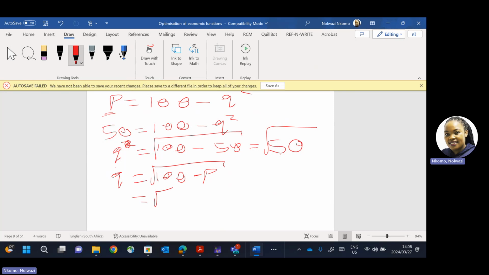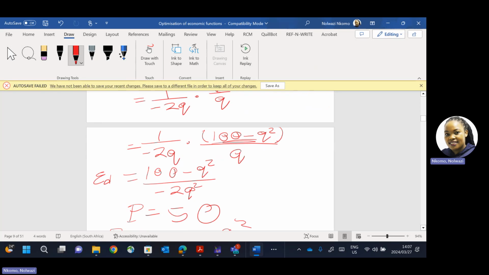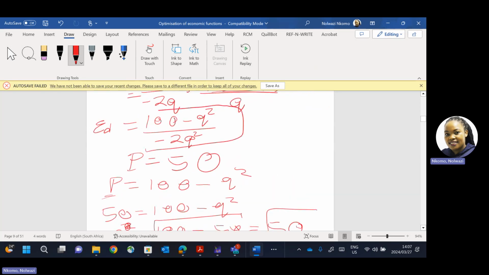Then you can punch this in your calculator, and you should obtain 7.07. Then the next step is to take that Q and substitute it here.